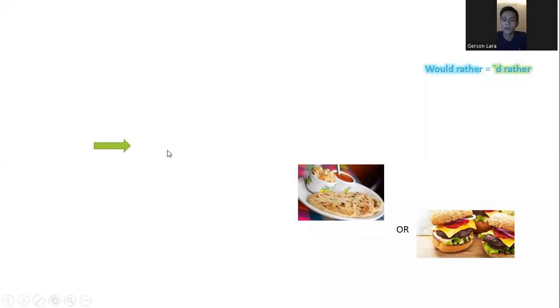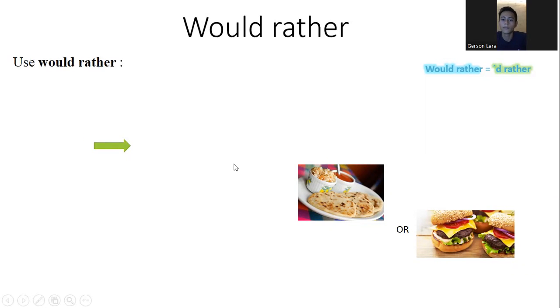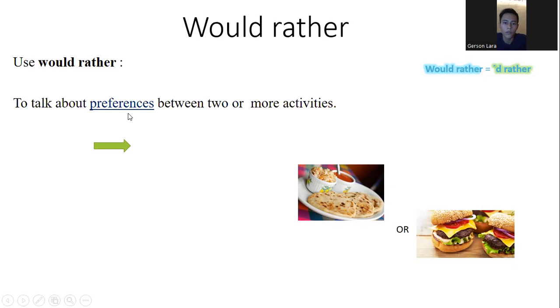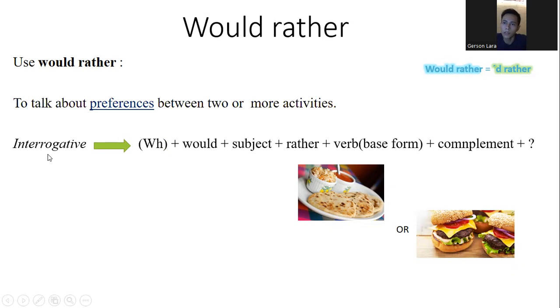Hello, I'm Sonara and I'm going to teach you how to use would rather. Use would rather to talk about preferences between two or more activities. In the interrogative form, here we have the structure.